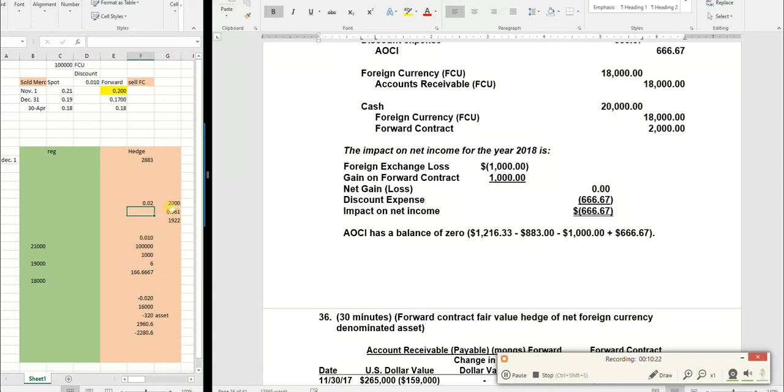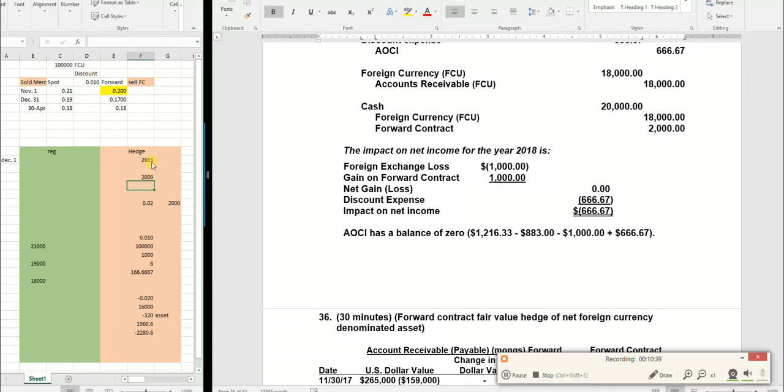So now it's got to be 2,000. I have no present value because I'm on April 30th. So right now what I want this to do, so pretend this is the debit side, this is the credit side. I want it to be 2,000.